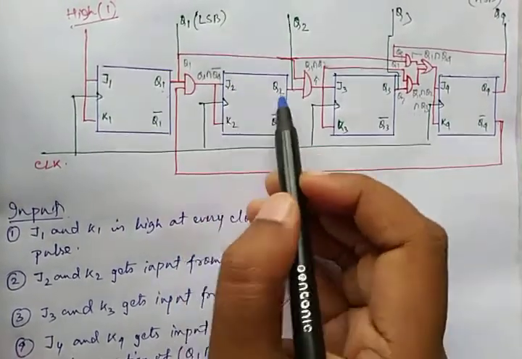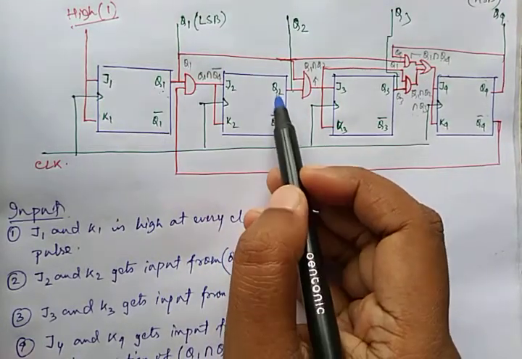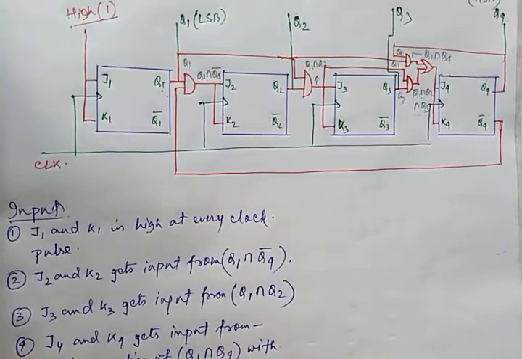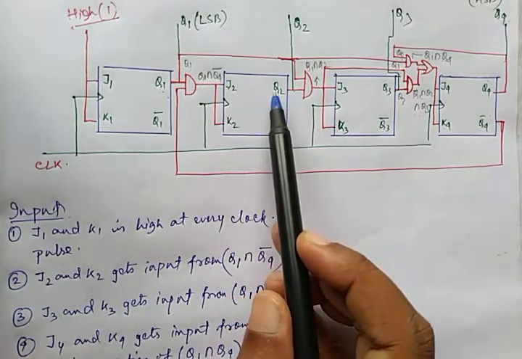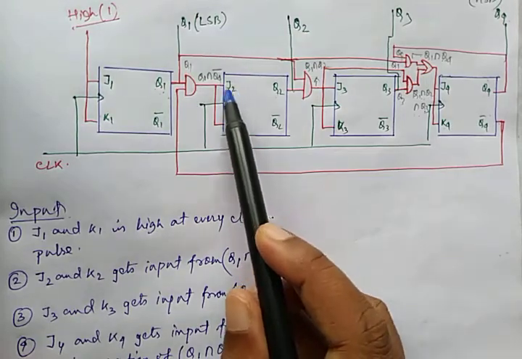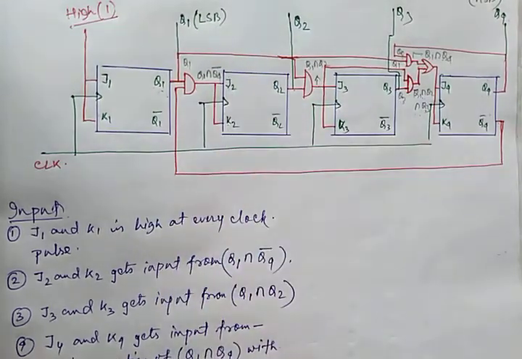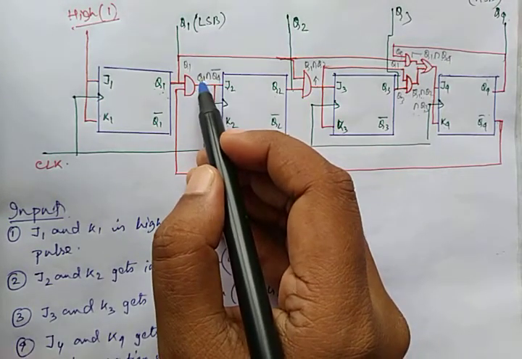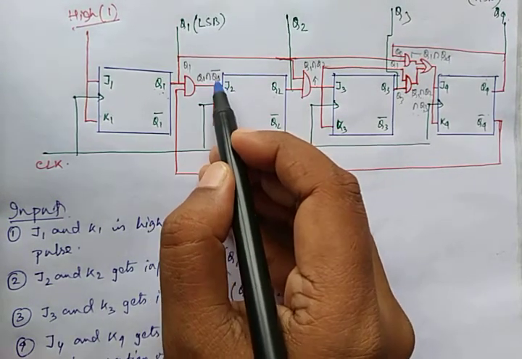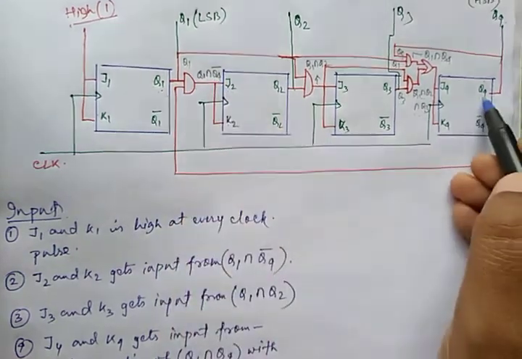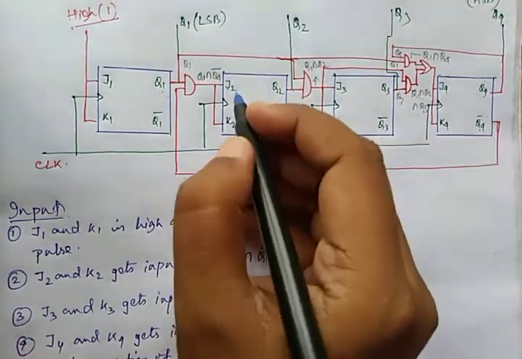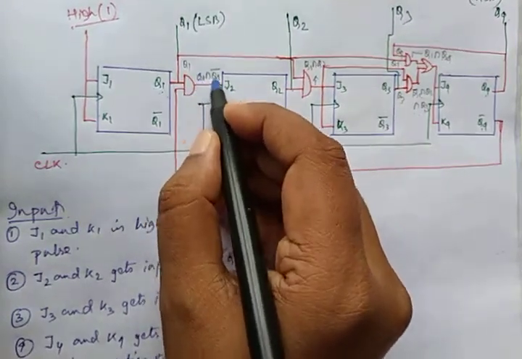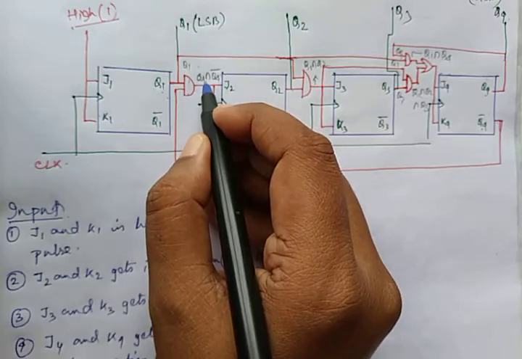Now J2, in order to toggle Q2, J2 and K2 must be 1. So J2 and K2 get their value 1 from Q1 and Q4, when Q1 is 1 and Q4 is 0. Q4 0 means Q4 bar is 1. So in order to make J2 and K2 equal to 1, both inputs must be 1, as this is the AND operation.